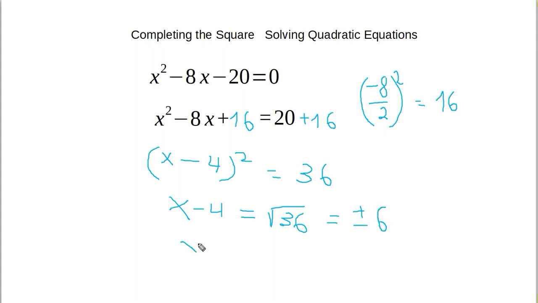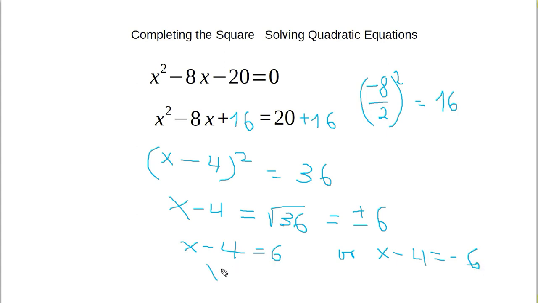So what we have is x minus 4 is equal to 6, or x minus 4 is equal to minus 6.